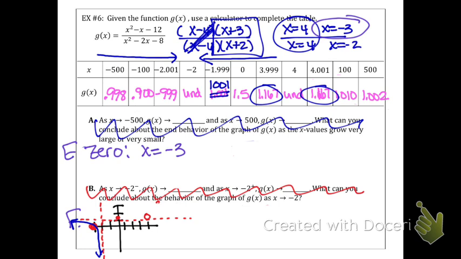So from the 4 going towards the negative 2, my y's are getting bigger, but I have to go through that y-intercept. And then I can see to the right of the 4 here, they're just kind of going towards that horizontal asymptote. So even though it looks like it's flat, it's really not right there, okay?